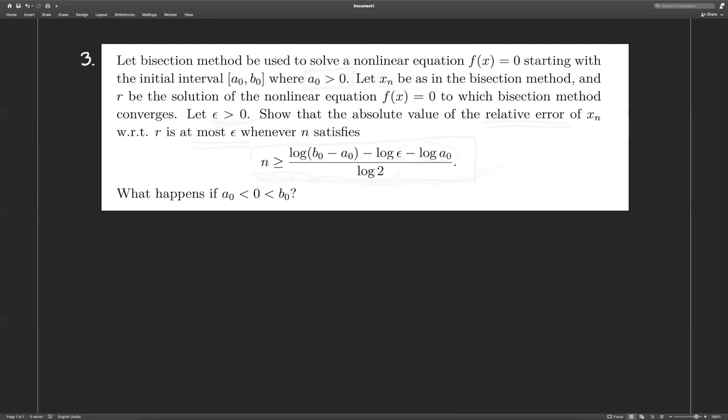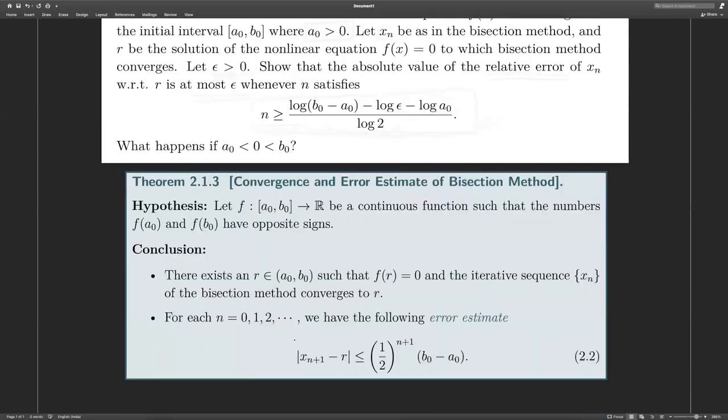Well, strictly speaking, it is not very difficult, because if you recall, as a part of the convergence theorem, we have shown that |xn+1 - r| is less than or equal to 1/2^(n+1) times (b0 - a0), right?